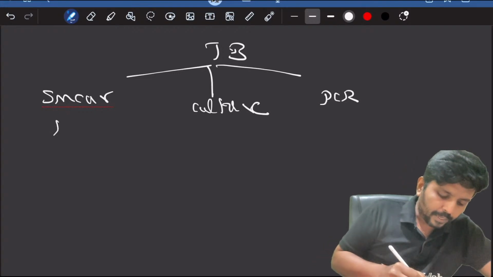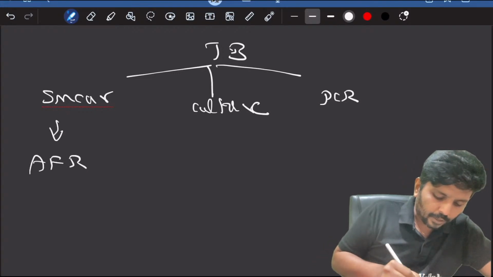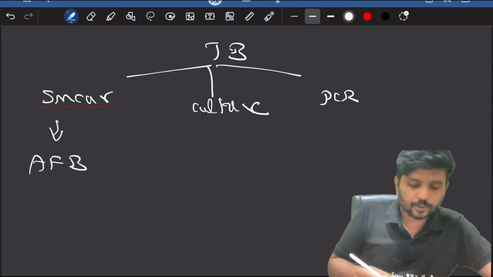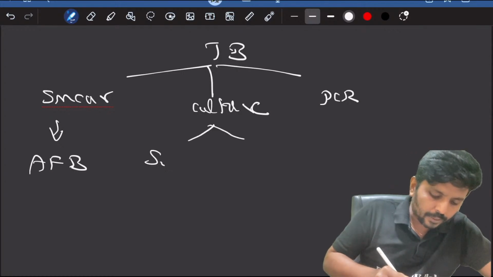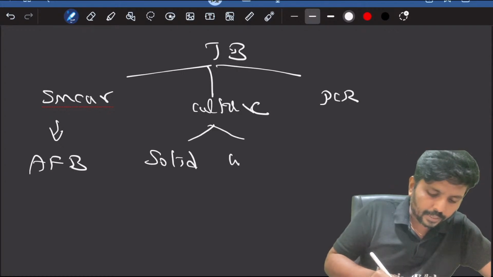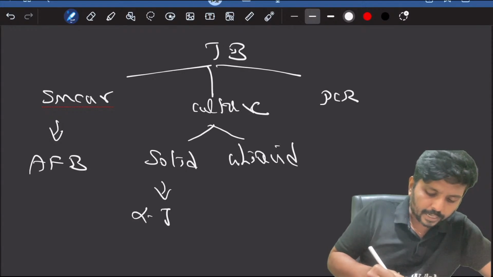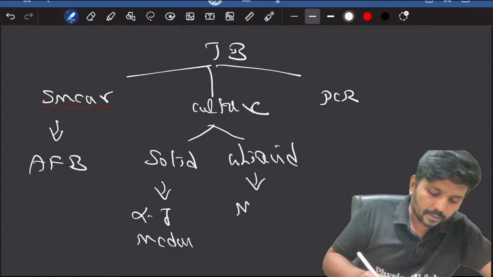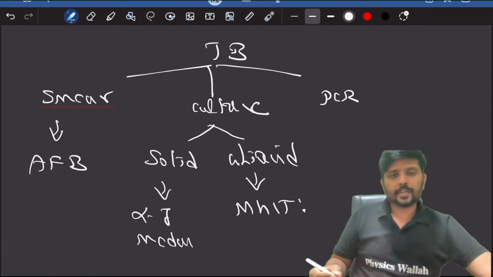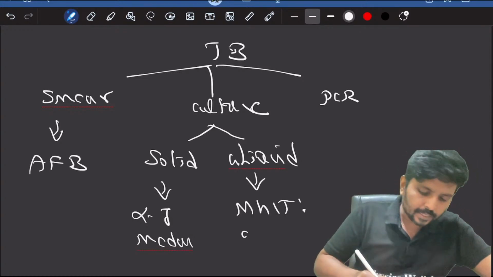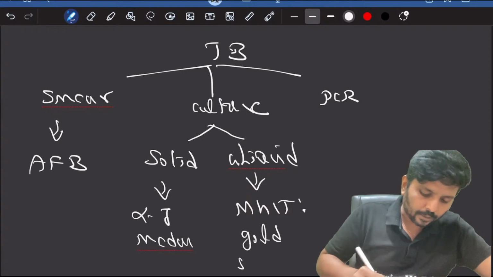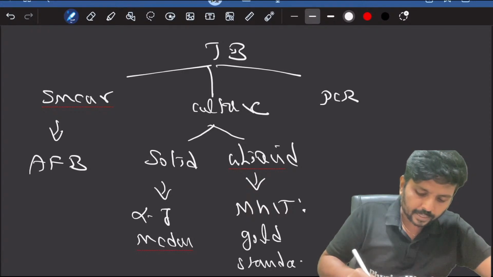Smear is AFB smear, which we often do in resource-poor settings. Culture means you have solid culture and liquid culture. Solid culture is LJ medium, which we don't do nowadays. Liquid culture is MGIT, mycobacterial growth indicator tube. It is the gold standard test right now.